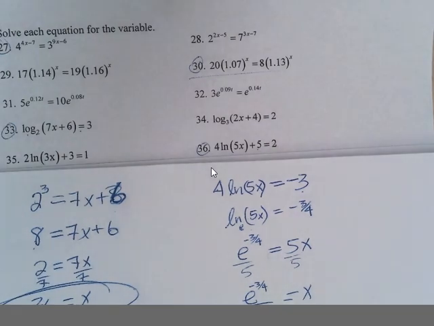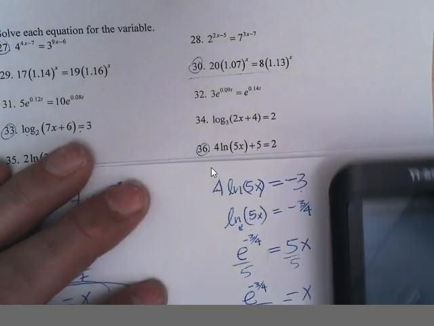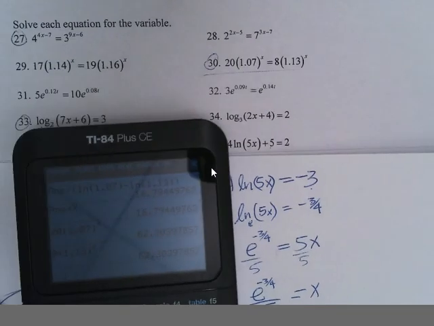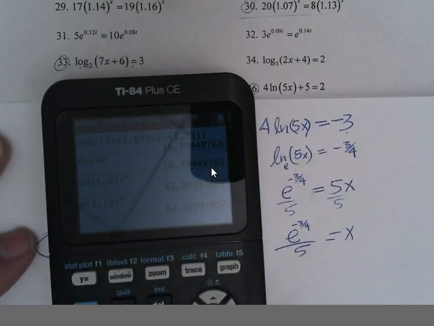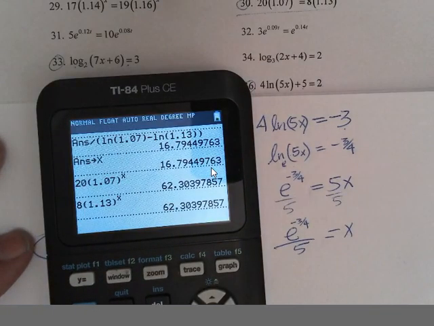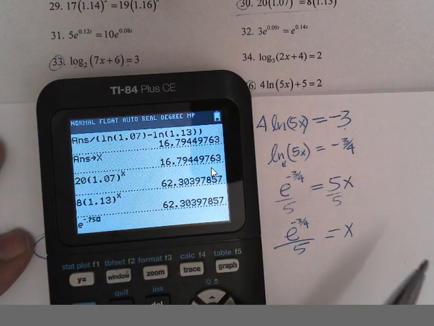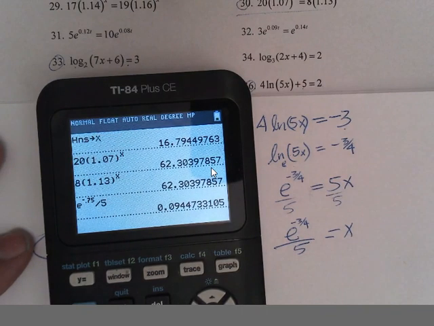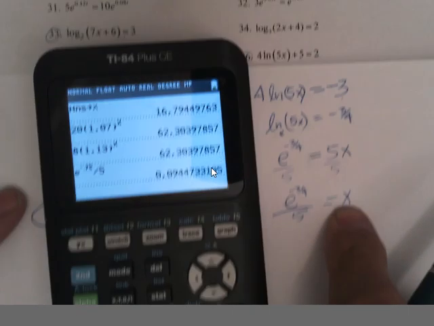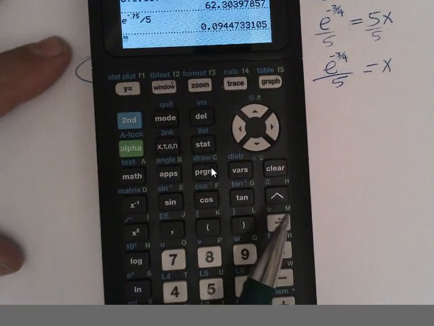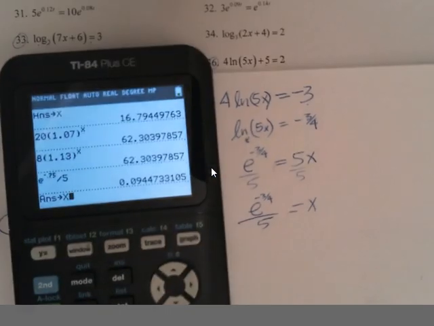And I can work that out. Let's find out what that is. E to the negative 0.75 divided by 5. That's my answer for x, so I'm going to go down here and store it in x.